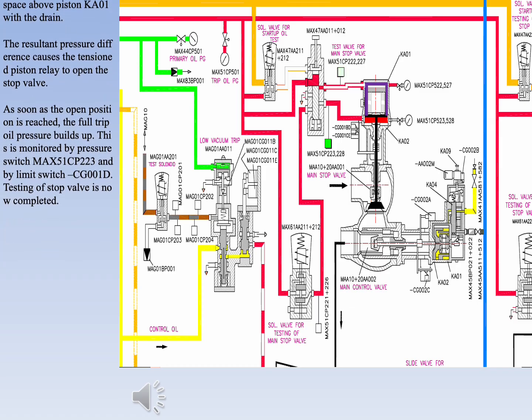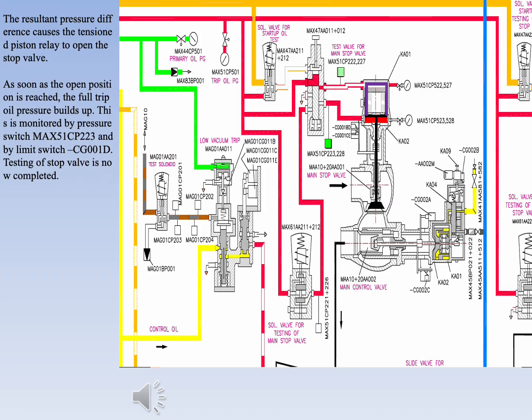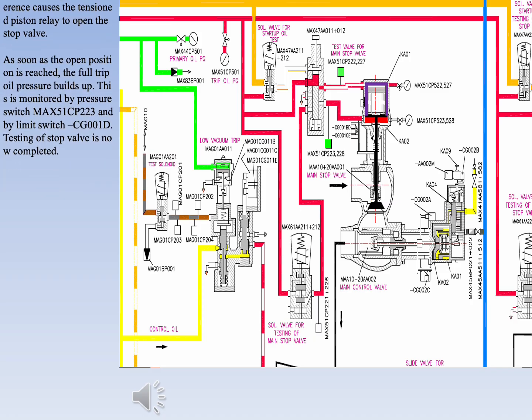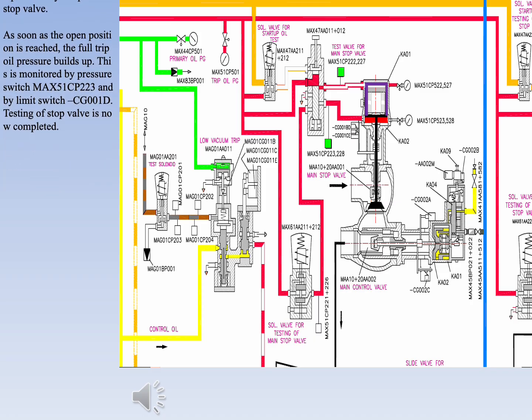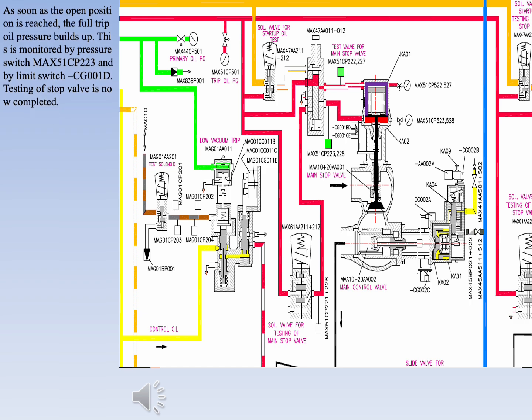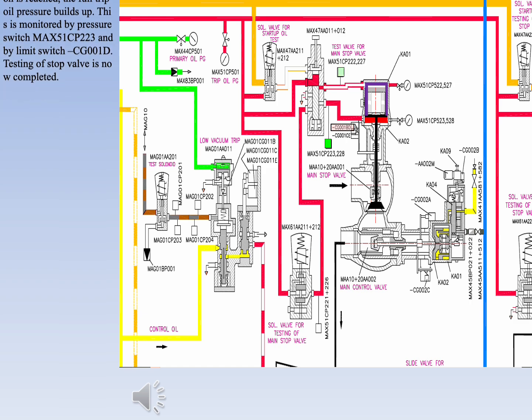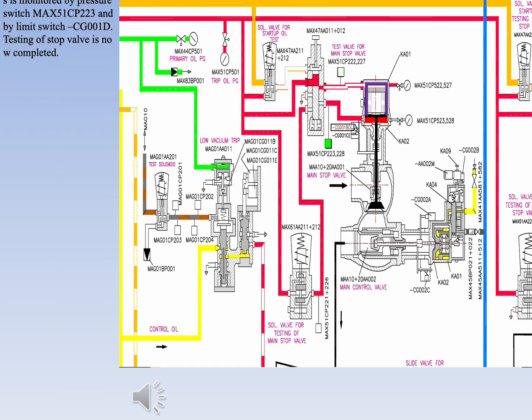As soon as the open position is reached, the full trip oil pressure builds up. This is monitored by pressure switch MAX51CP223 and by limit switch CG001D. Testing of stop valve is now completed.